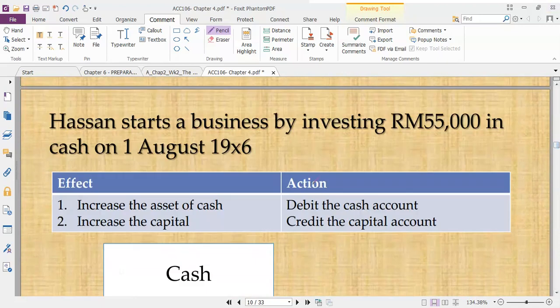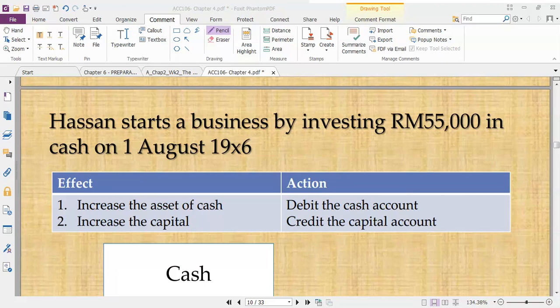Okay. Can someone please read the example? Siapa saya nak suruh? Syahida.